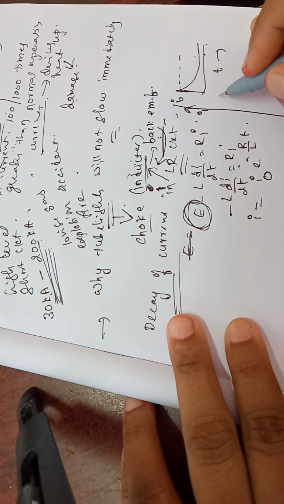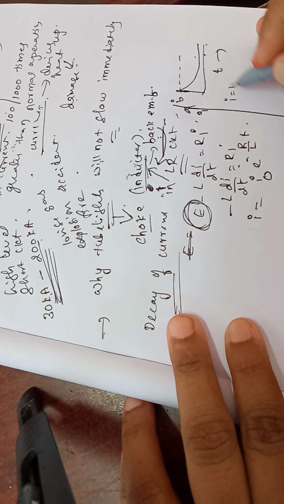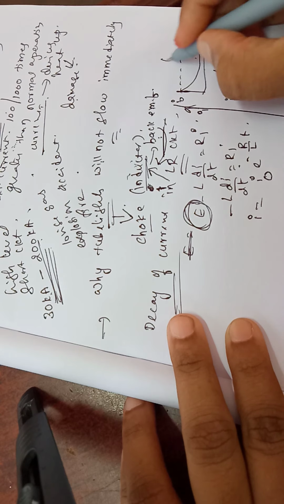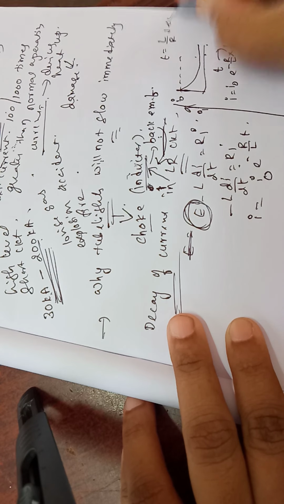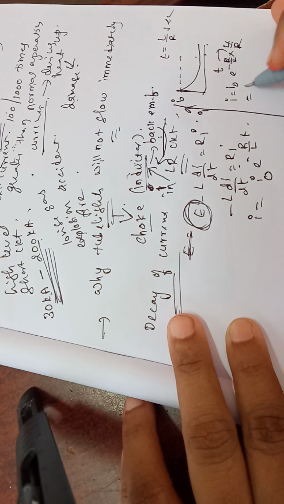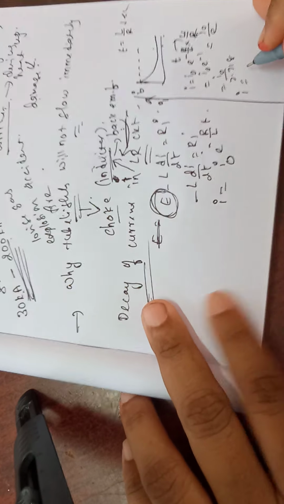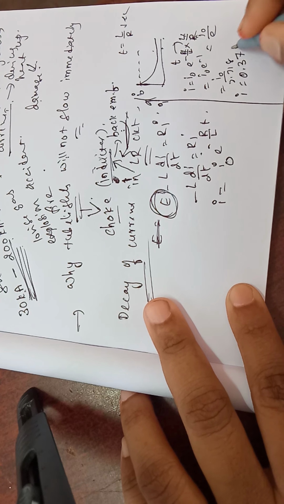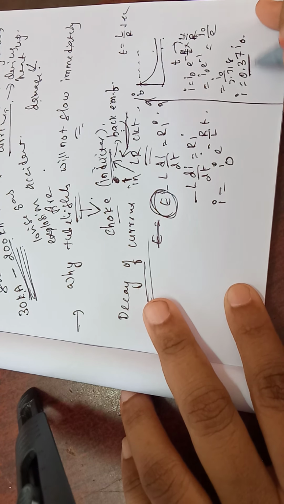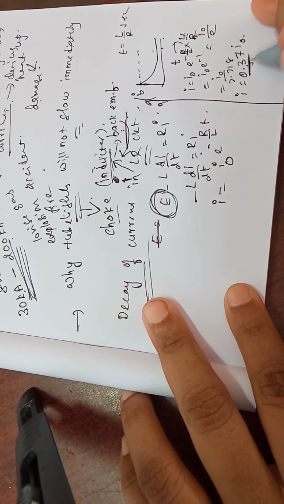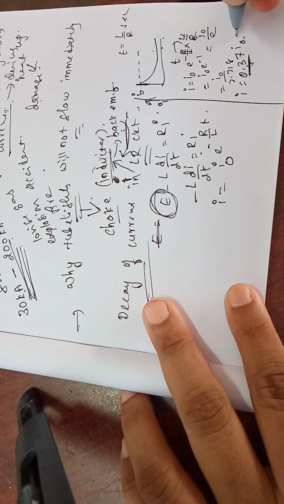Now I will substitute t equal to L by R seconds. So I equal to I naught e to the power of minus 1, that is I naught by e, I naught by 2.718. So I equal to 0.37 I naught. Means the current is reducing only up to 37% of the maximum current.